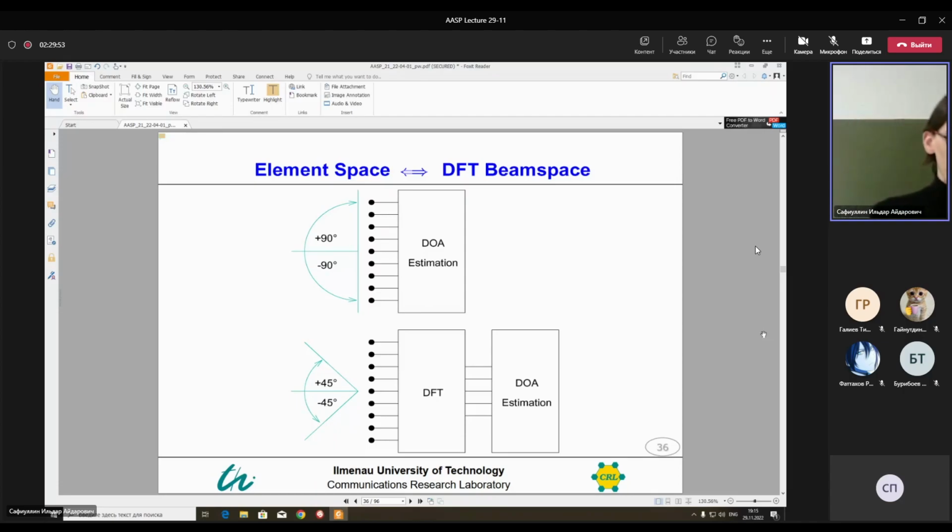So here, let's write another subsection: unitary ESPRIT in DFT beam space. This thing is important for massive MIMO and radars. And also we can use this focusing on the sectors of interest.